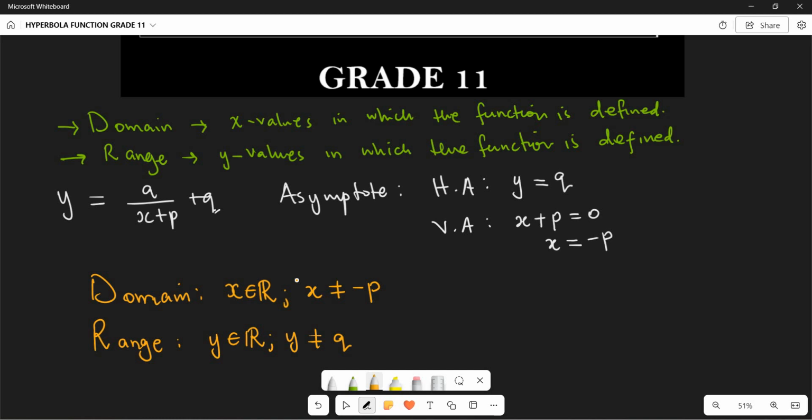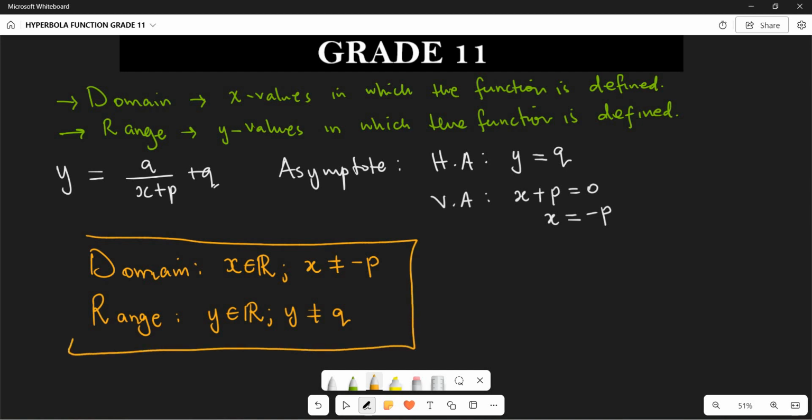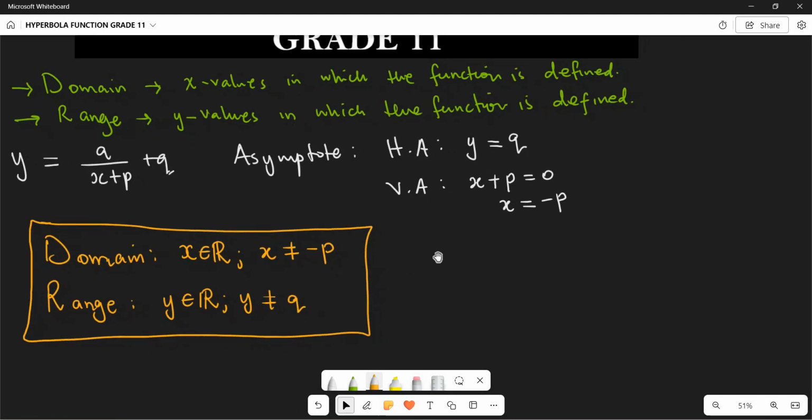So these are therefore the domain and range of our function. That is how you would find that.